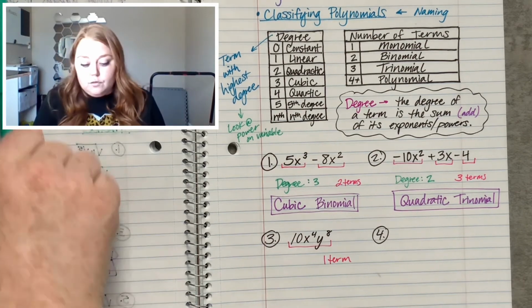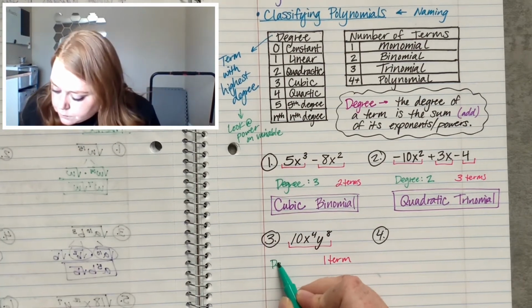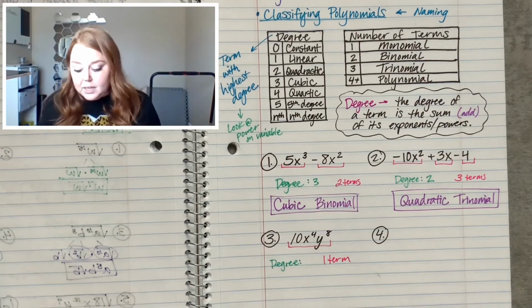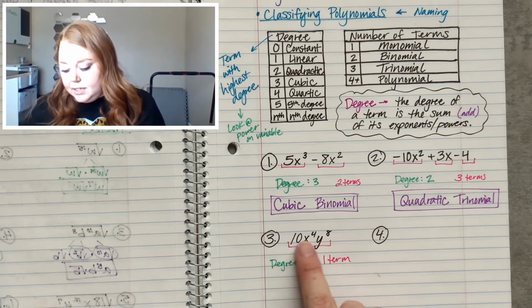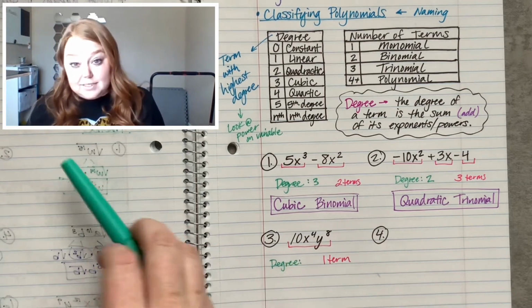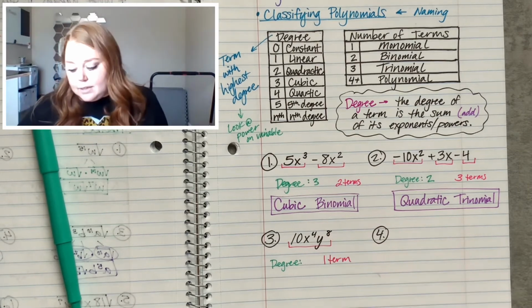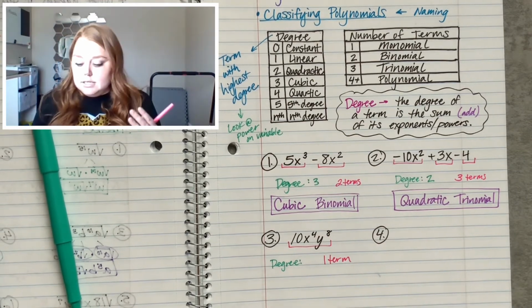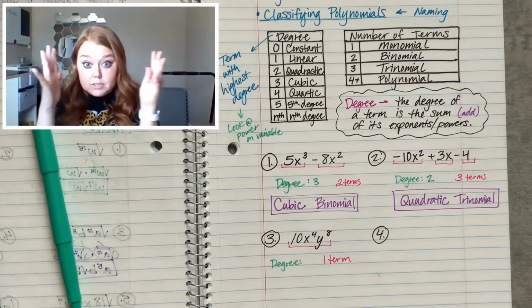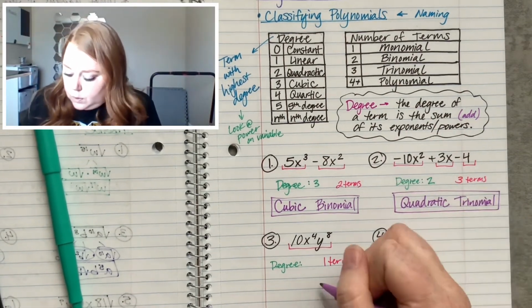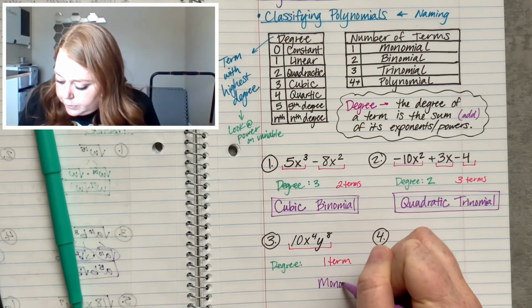Okay. For its degree, this is where things get a little bit weird, okay? Do you notice how this term has a couple powers? The x has a power of 4, the y has a power of 8. And since this is 1 term altogether, this is called a monomial, by the way. If you look at your chart, something with 1 term is called a monomial.